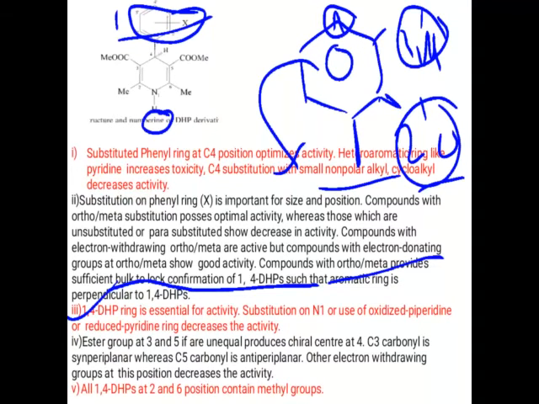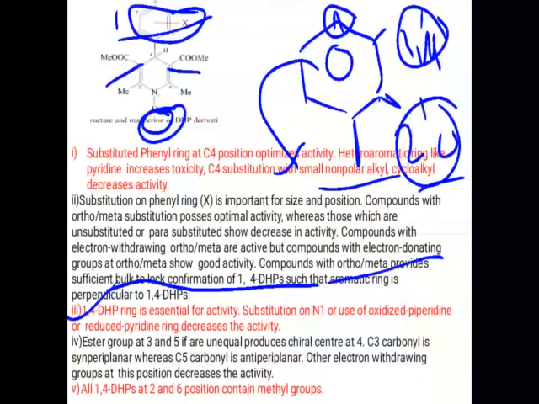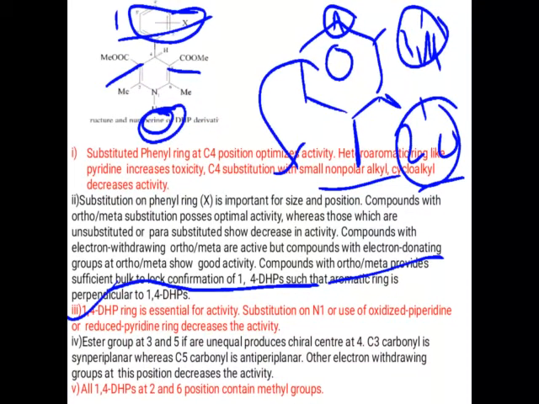That's why the 1,4 dihydropyridine is essential for the activity. If it is removed or reduced or the hydrogen is replaced by any other group, it will decrease the activity.